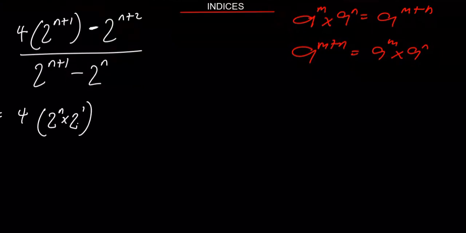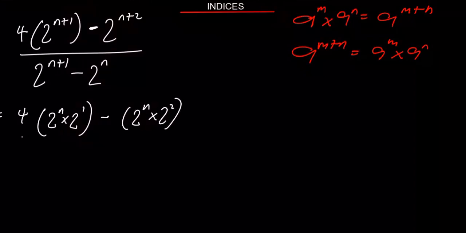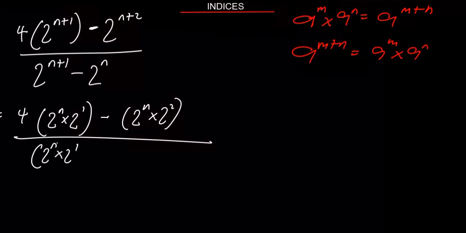If I apply the law of indices back, I will get this. Minus, this is the same thing as 2 raised to power n times 2 raised to power 2, then all over 2 raised to power n times 2 raised to power 1, then minus this is 2 raised to power n. This is what I have.